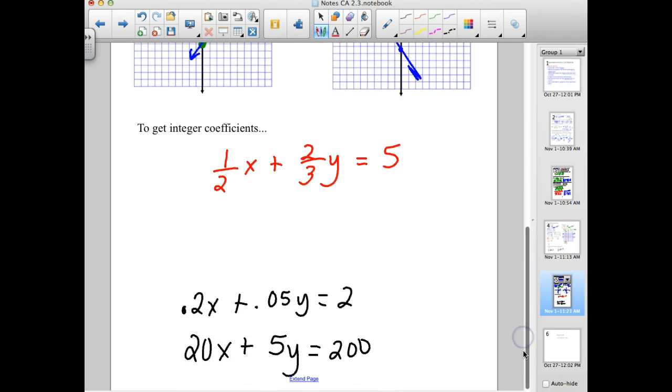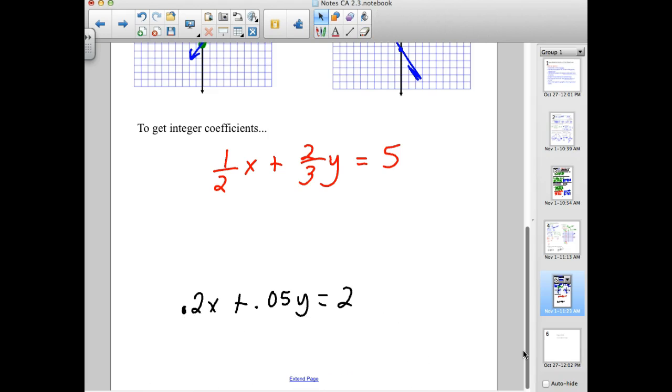All right, the last piece, I added 2 examples in here. I said that you had to get integer coefficients. So let's say you have the red equation here, has some fractions in it. What was the technique we have for getting rid of fractions? Multiply by, if we have several different fractions in one equation, multiply by the common denominator, right? Figure out what that LCD would be. So if I have a 2 and a 3, my LCD is 6.